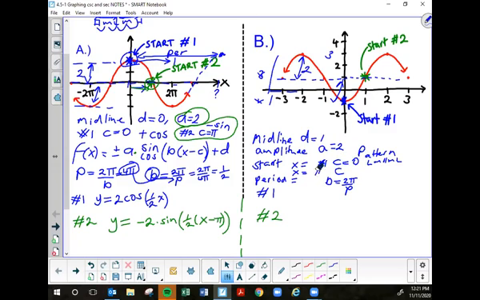For number 2, for the second start, your horizontal shift, it's gone right by 1. So c will be 1, and you're starting at a mid value, which means it's a sine. Then you have to look at the next. Is it going up from there or down from there? Middle, high, middle, low. Going from middle to a high, that means it's going to be a positive sine. So number 1 was low, middle, high, middle, low. That was a negative cosine. And number 2 is going to be a positive sine wave.